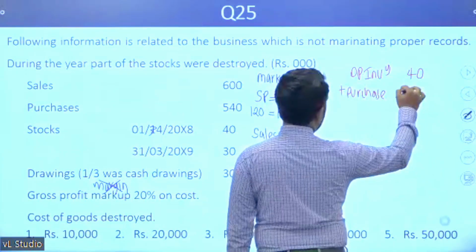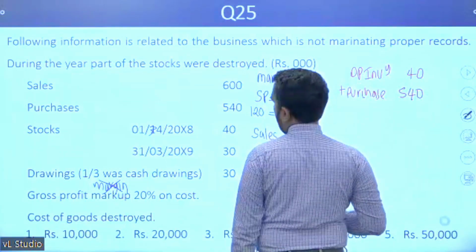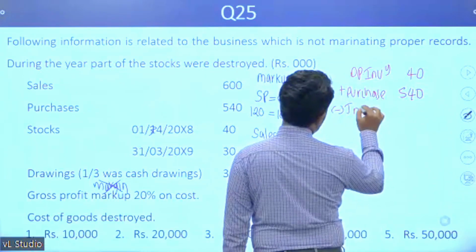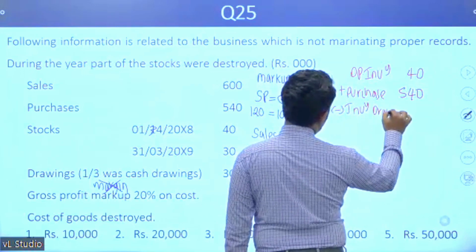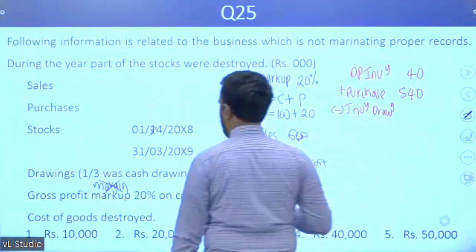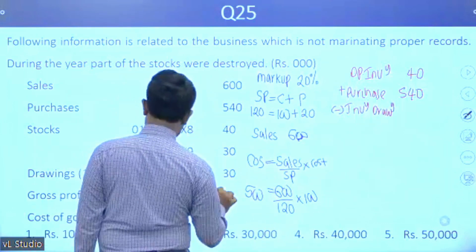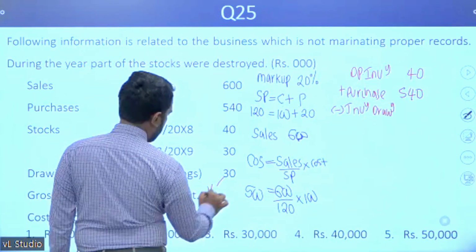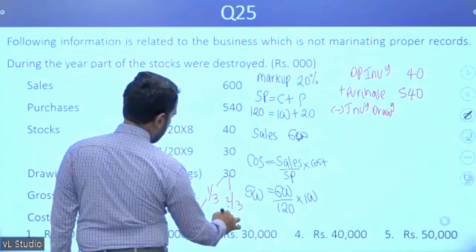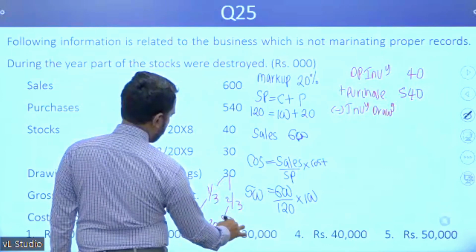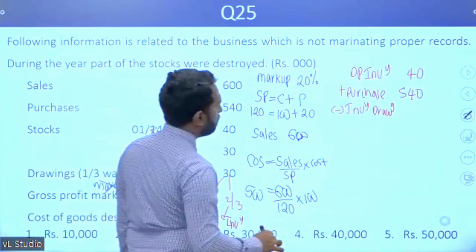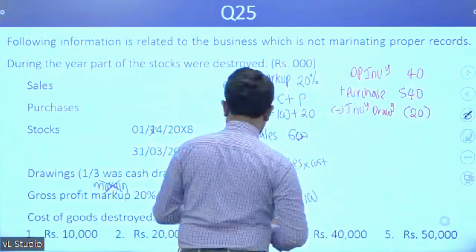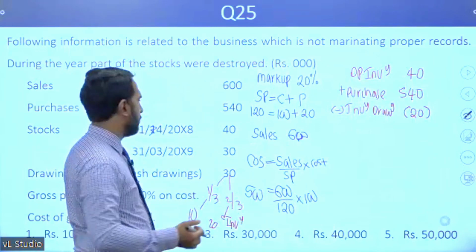Your purchases are 540, no? Then from that, we have to deduct the inventory drawing. Here they say total drawings is 30, 1/3 is cash, so 1/3 is 10, then 2/3 is inventory, which is 20. So the inventory drawing is 20.